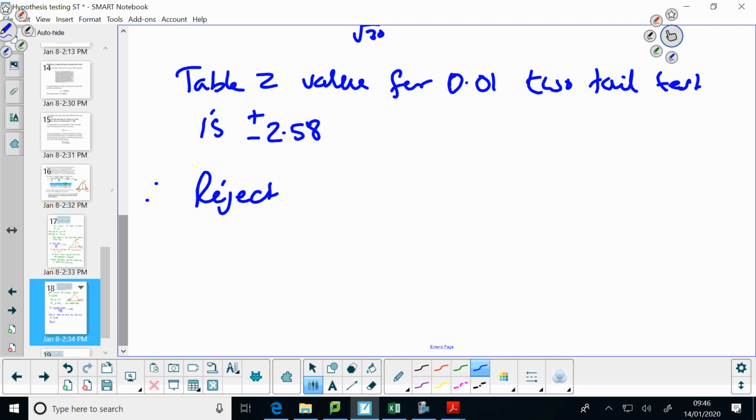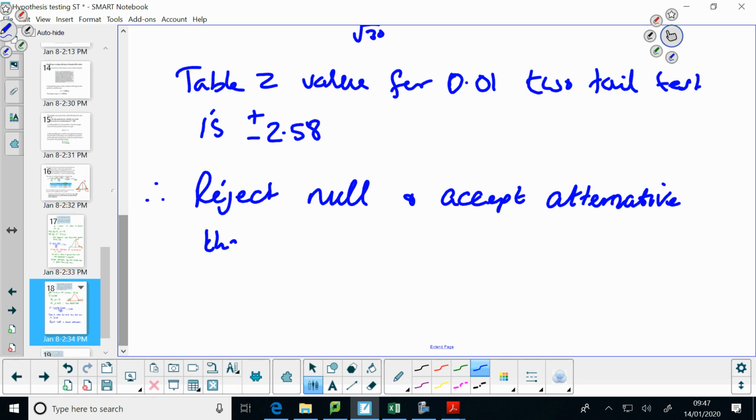Therefore, reject the null and accept the alternative.